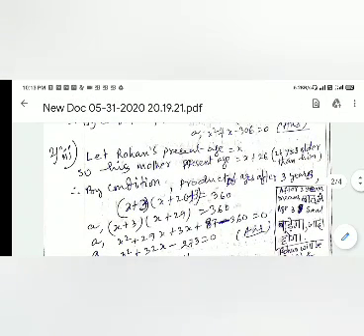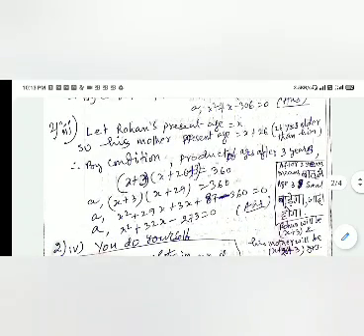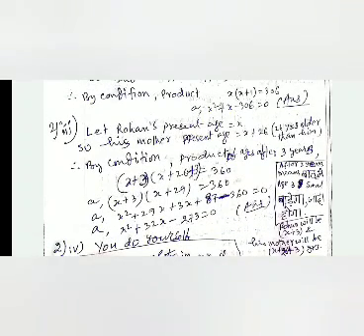And by the condition it is given in the book, it is 360. So we will be making the equation left hand side and right hand side, that is x plus 3 into x plus 29 equal to 360.